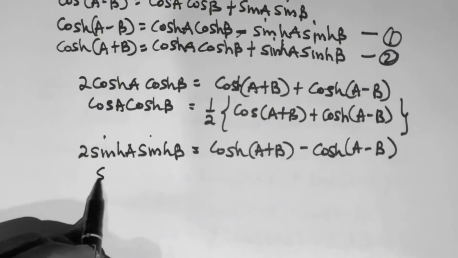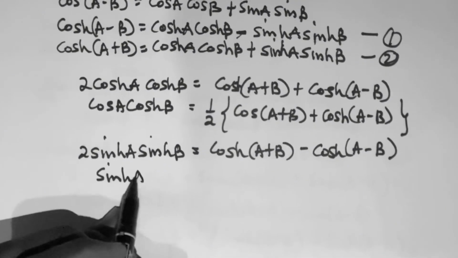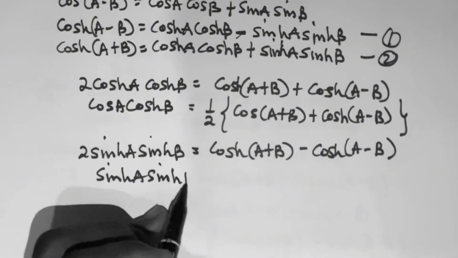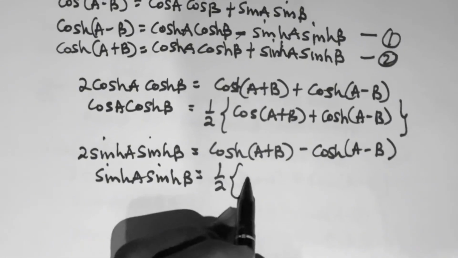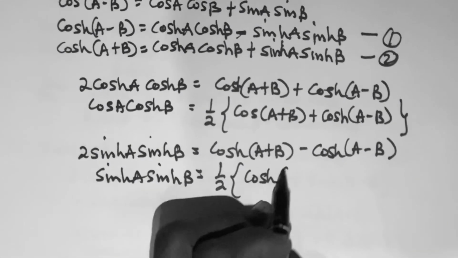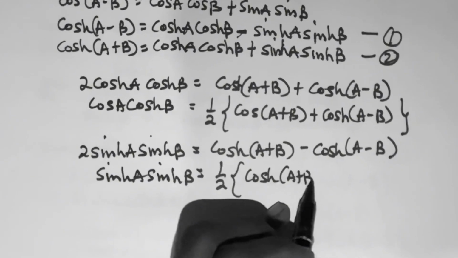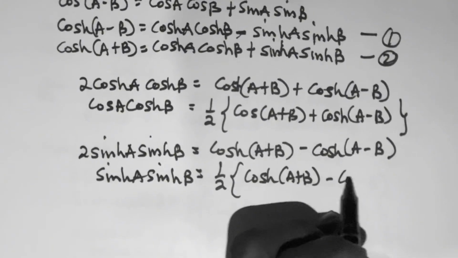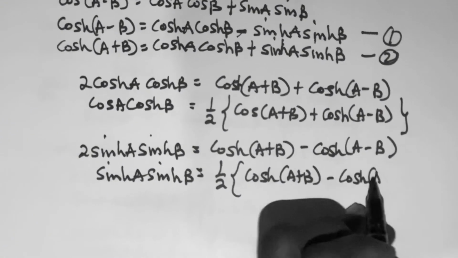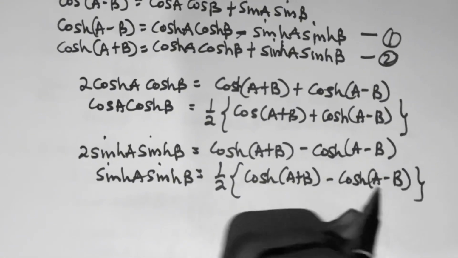So making sinh A sinh B the subject, that is equal to half of cos(A plus B) minus cos(A minus B), bracket close.